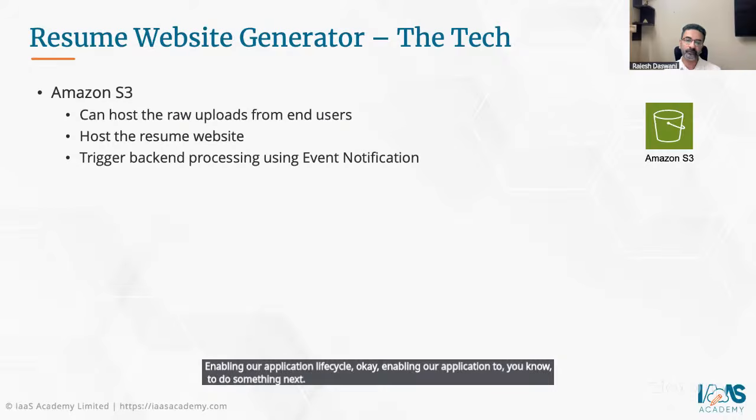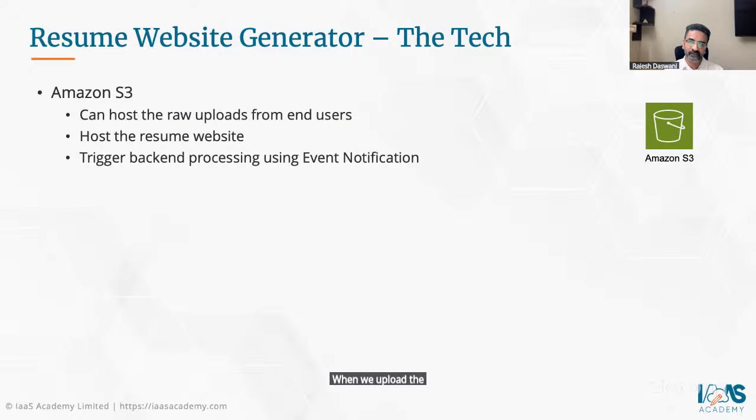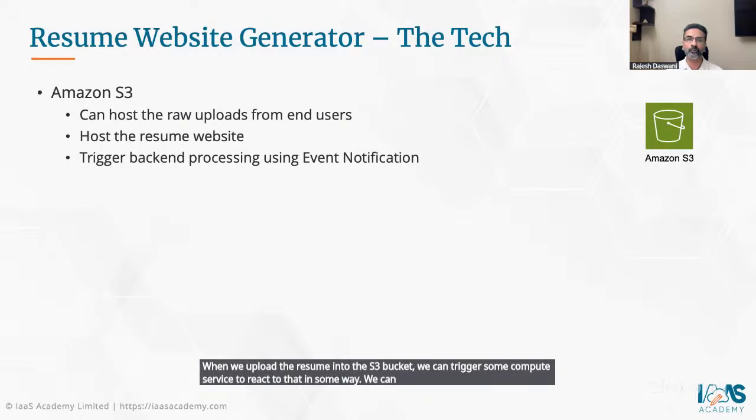So this whole concept of event-driven architectures becomes really, really fantastic because we don't need to have idle compute time just sitting around doing nothing, right? Instead, when we upload the resume into the S3 bucket, we can trigger some compute service to react to that in some way. We can send a notification out to someone. We can send some message into a queue so that something else can pull that message.